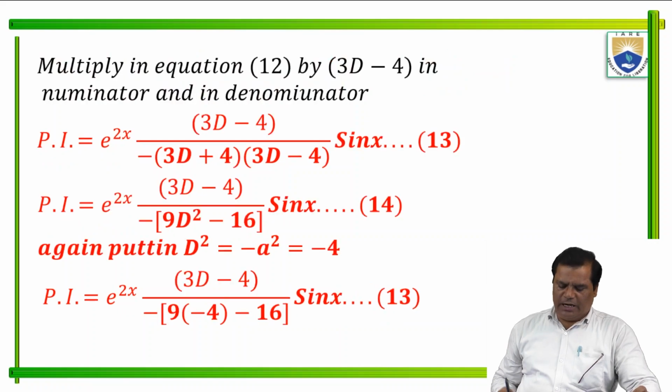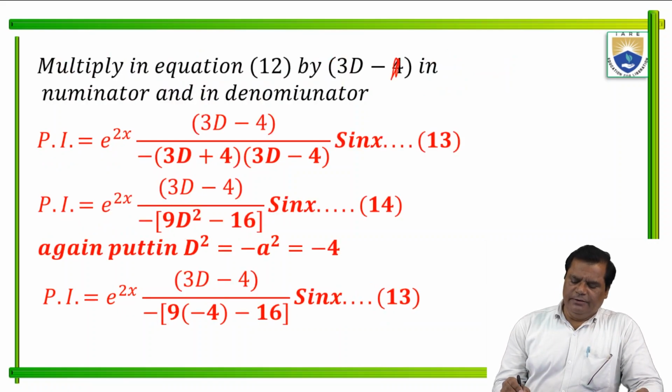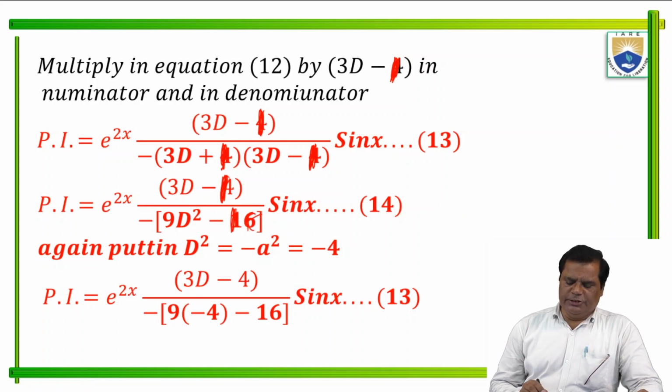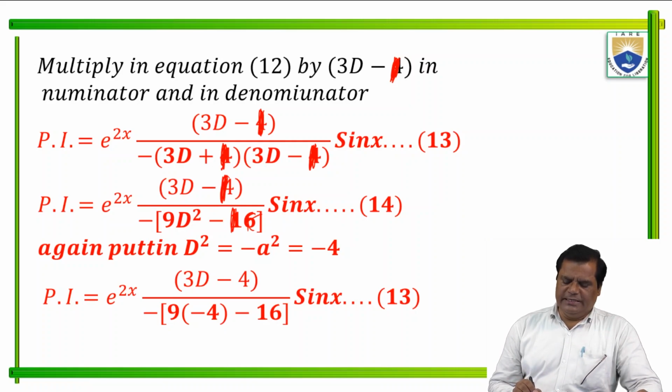Now we multiply the numerator and the denominator by its conjugate, 3D minus 1. So we get 3D minus 1 in the numerator, and in the denominator 9D squared minus 1. Again putting D squared equal to minus a squared, where a is 1 here, since it is sin x.